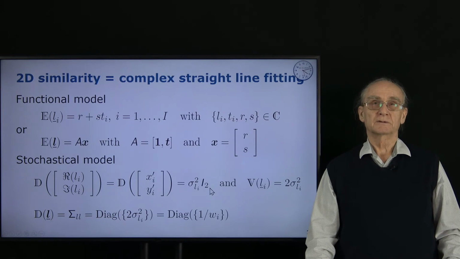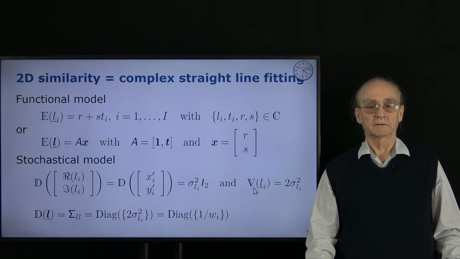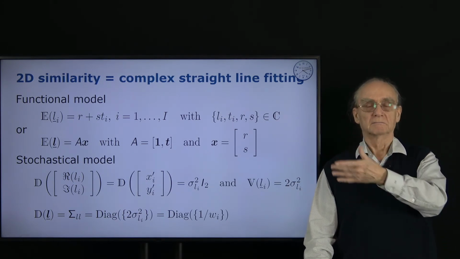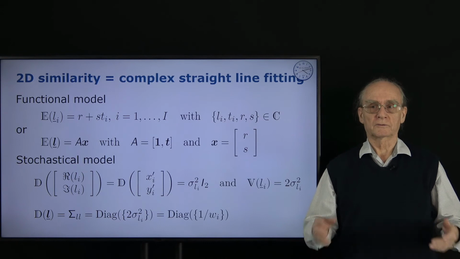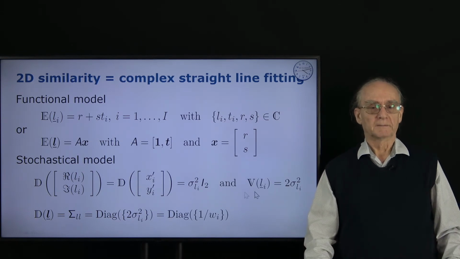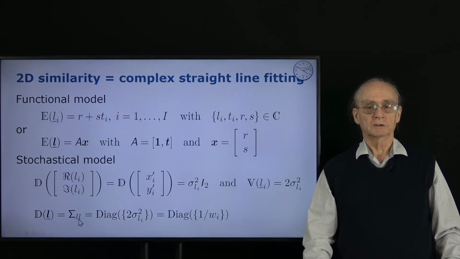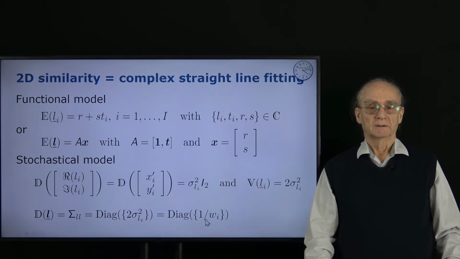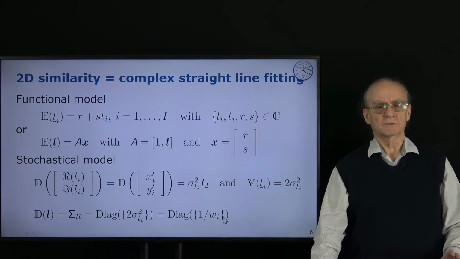And now there is a notational thing that we say the variance of L_i is 2 times the standard variance of the individual coordinates, because we have x plus i y. So it's the sum of these two variances. That means our stochastical model, that means the covariance matrix of our observations, is a diagonal matrix with 2 times the variances of the individual coordinates in complex numbers, or 1 over the weights. So this is very simple.